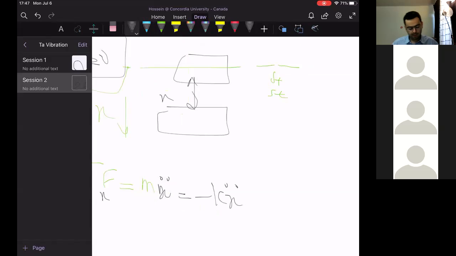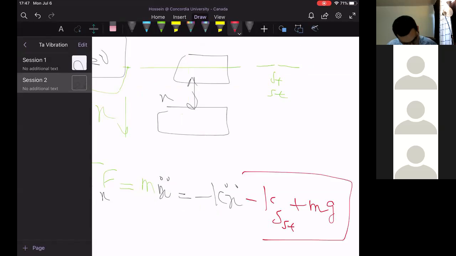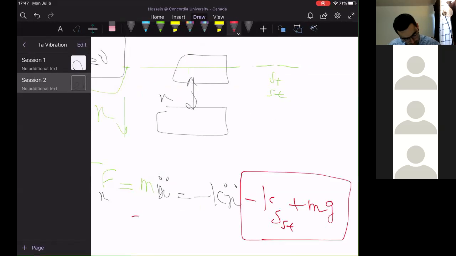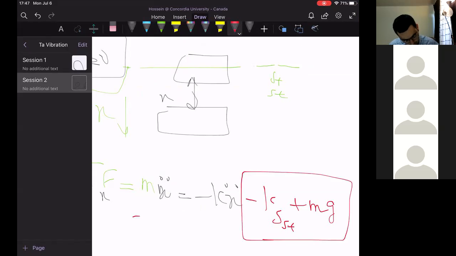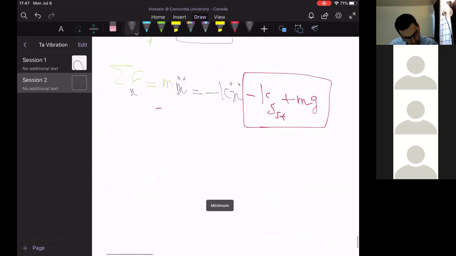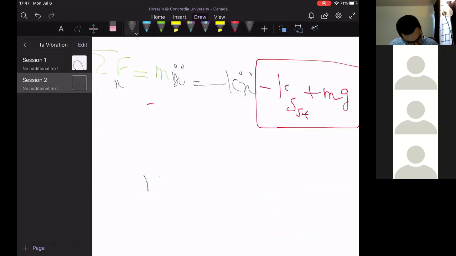It is not necessary to write minus k delta static plus mg, because they will be cancelled out at the end of the day, right? This is unnecessary. So we only have m x double dot is equal to minus kx.